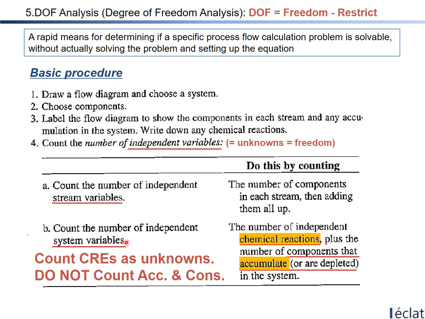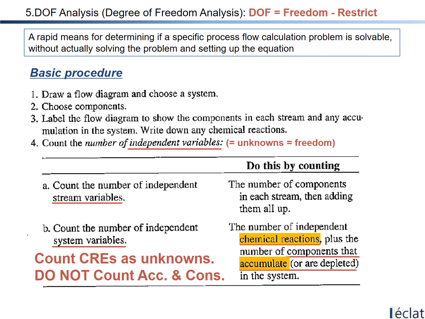How to count the number of independent system variables? Count the number of independent chemical reactions plus the number of components that accumulate in the system. What are the system variables? You would have three different system variables.